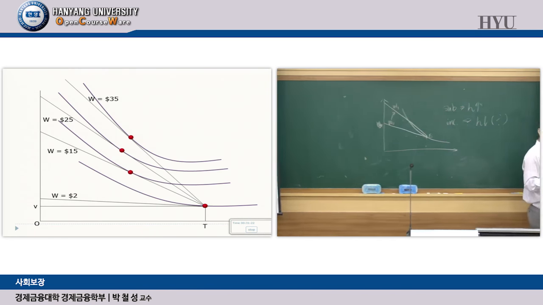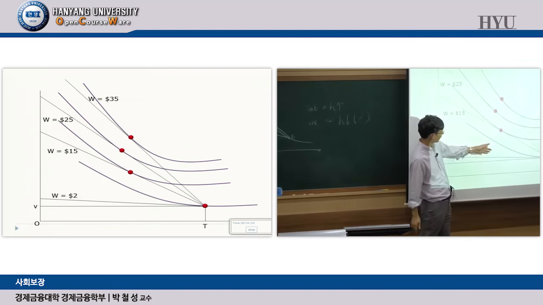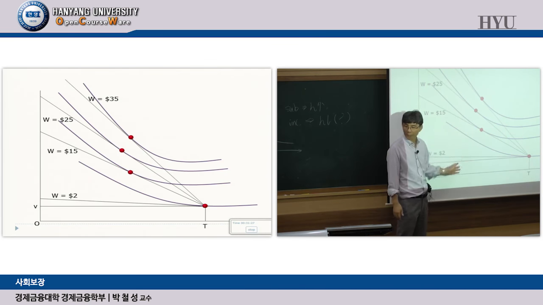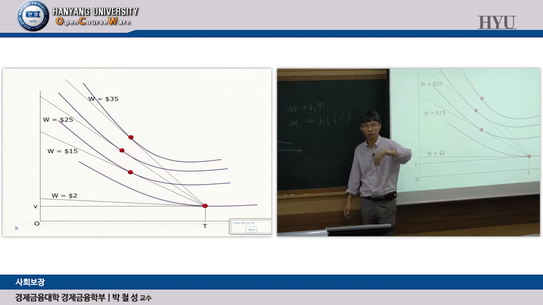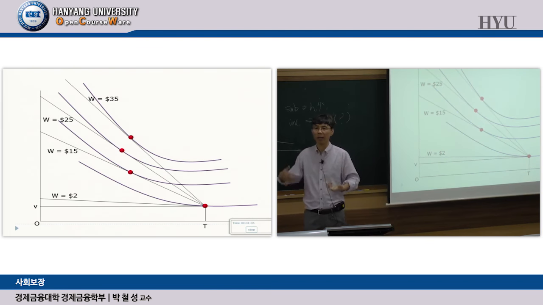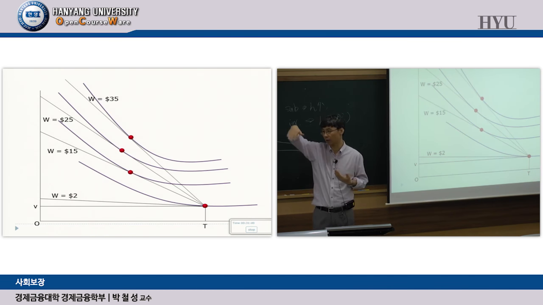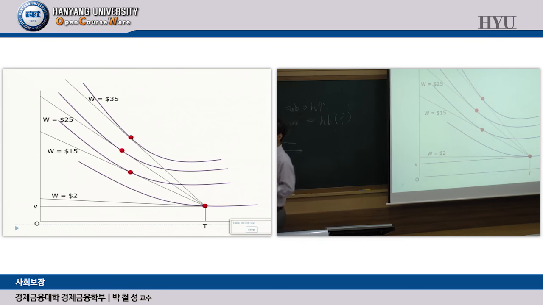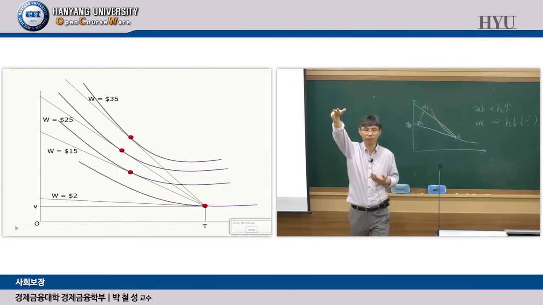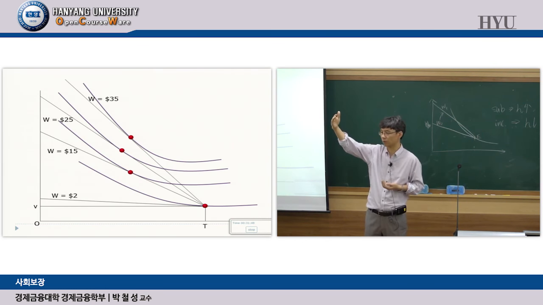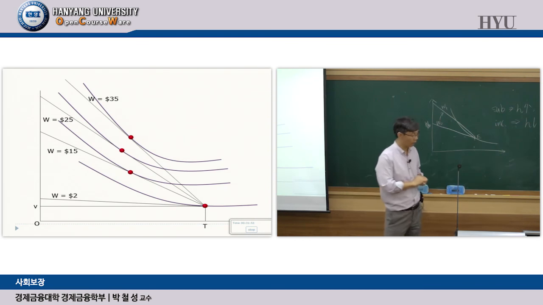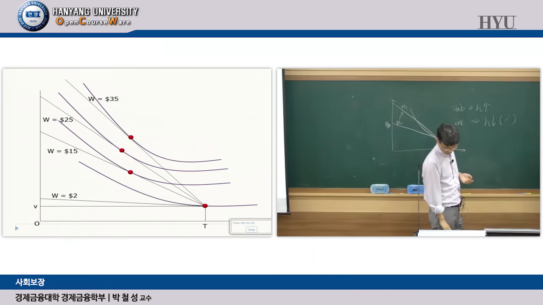Theoretically, you can show that when the wage goes up, at first the substitution effect is stronger than the income effect, and later the income effect tends to dominate. Meaning at first, when the wage goes up, the number of hours of labor supply increases. Then at some point, when the wage goes up enough, the reverse happens, and the number of hours working decreases.